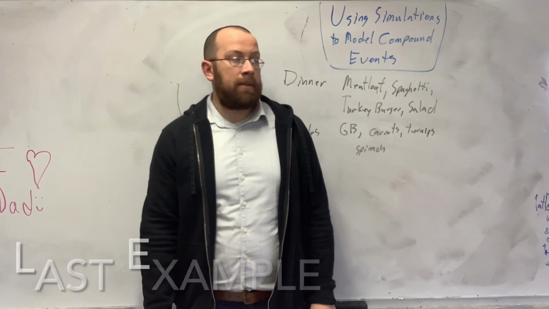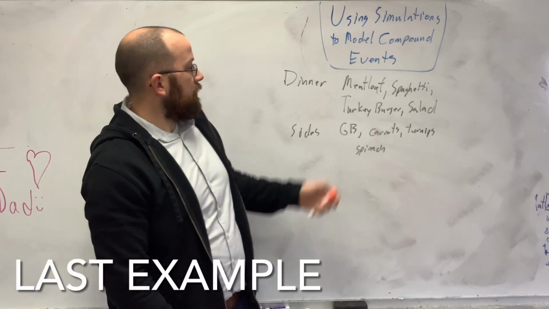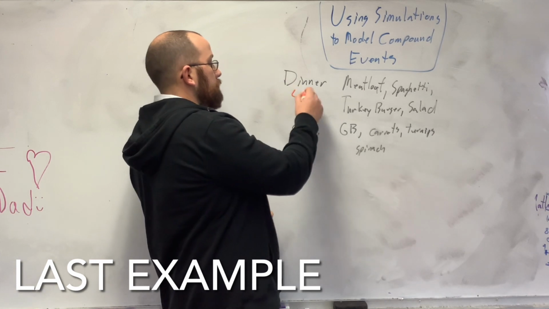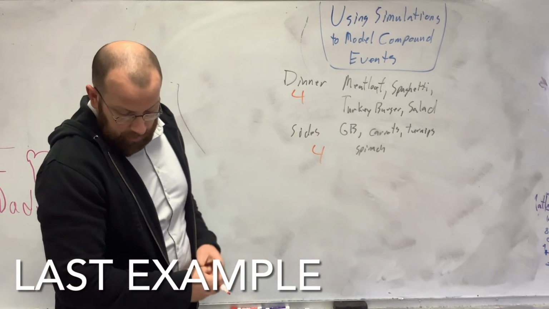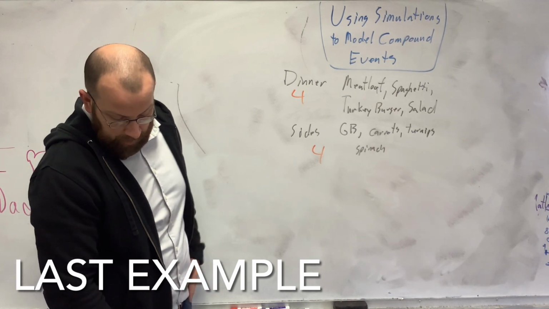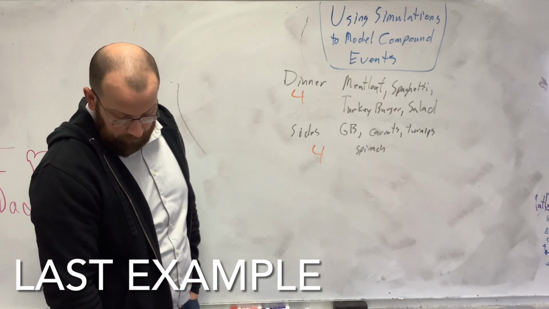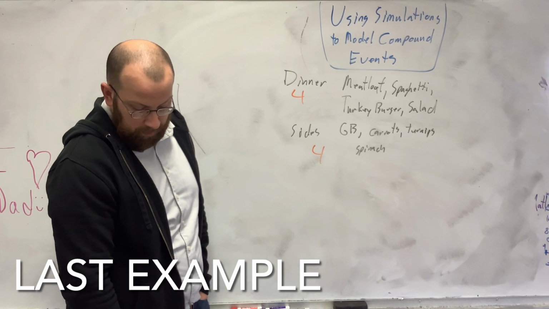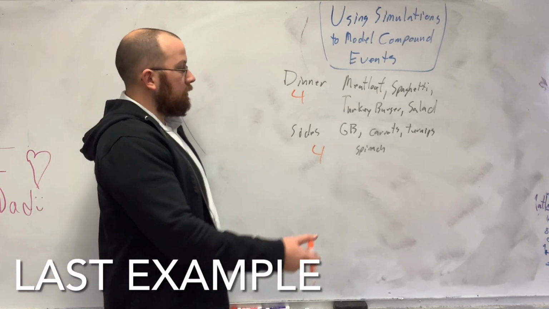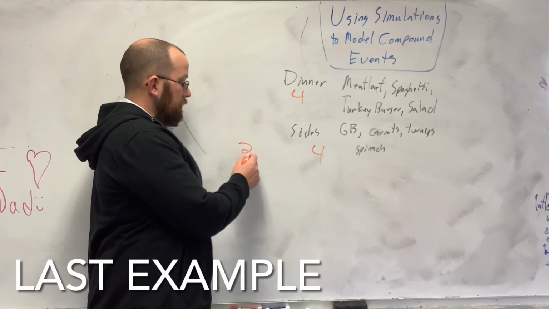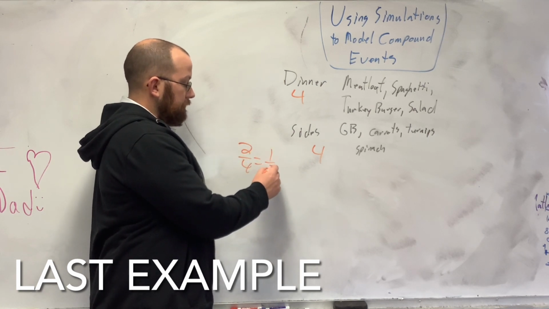All right, last example. I have 4 dinners to choose from and 4 sides. What are the chances that I get meatloaf or spaghetti? That's 2 out of 4 chances.